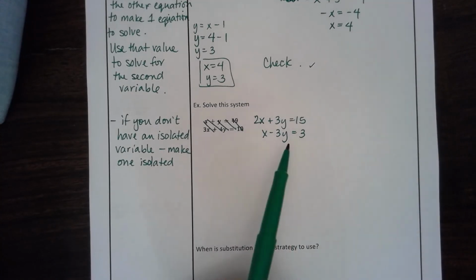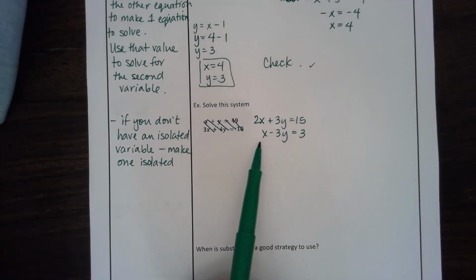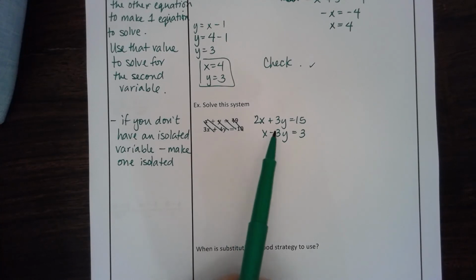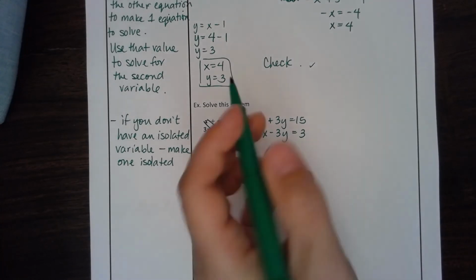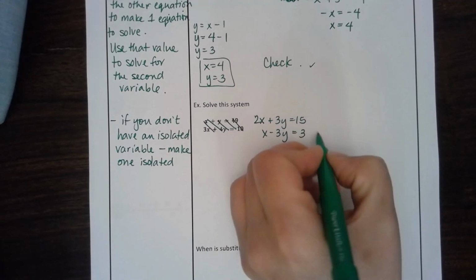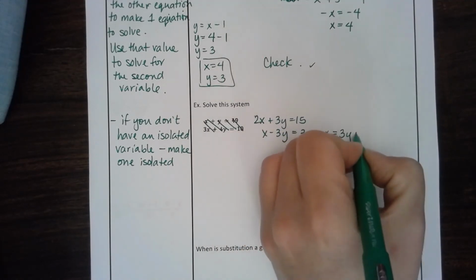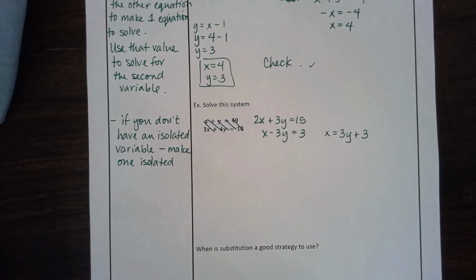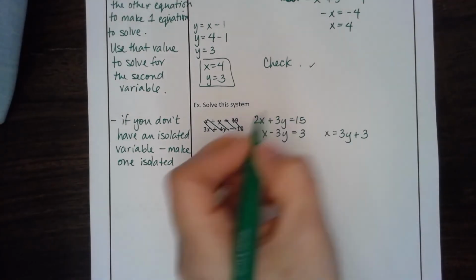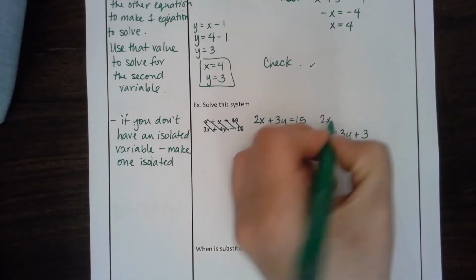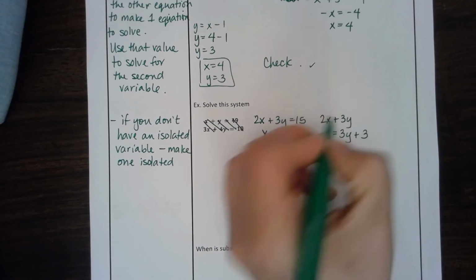All right, so I think the easiest one to isolate here is this x. It doesn't have a coefficient, so we can get this x all by itself. So I can rewrite this guy as x equals positive 3y plus 3, and I can just write this guy still, just like it was.